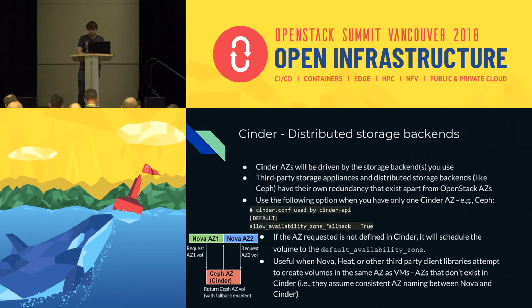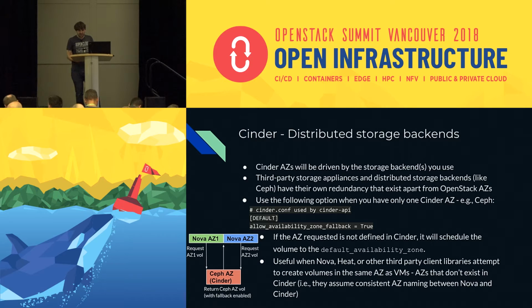However, you might not need more than one Cinder AZ. Most storage appliances implement their own redundancy that exists outside the context of OpenStack AZs, or distributed storage systems like Ceph, which probably span all of your AZs anyway.